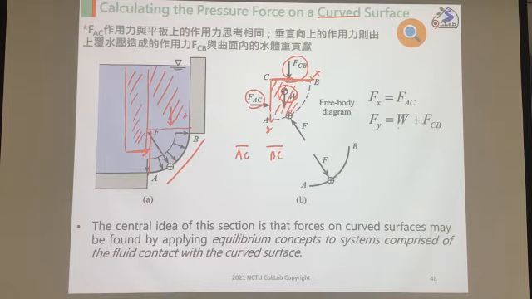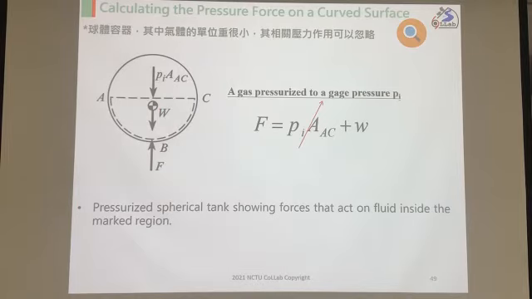Okay, so here is a summary. For the y direction, we have the weight inside and the force CB, contributed by the water above the BC line. But for the x direction, we only have the pressure contribution from the water.